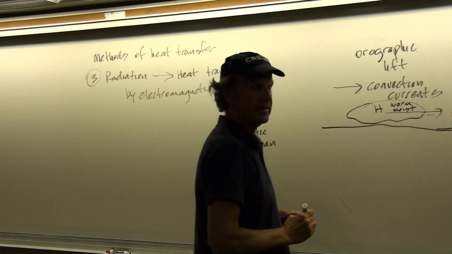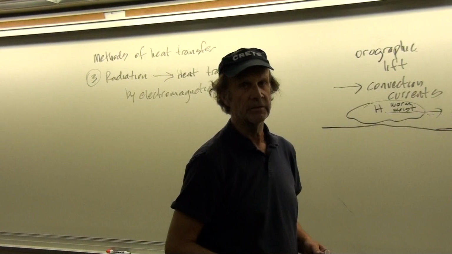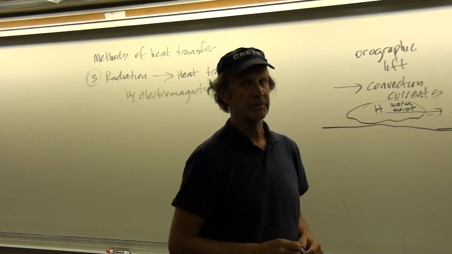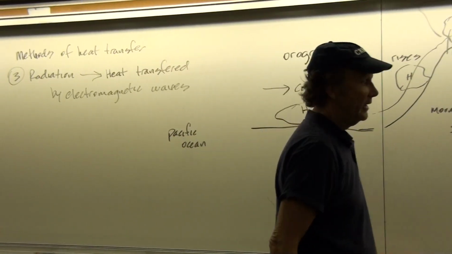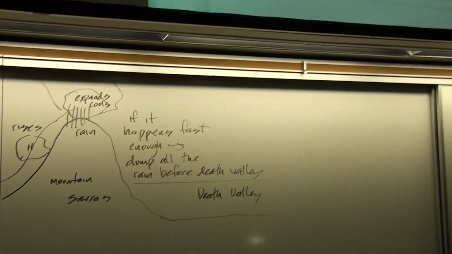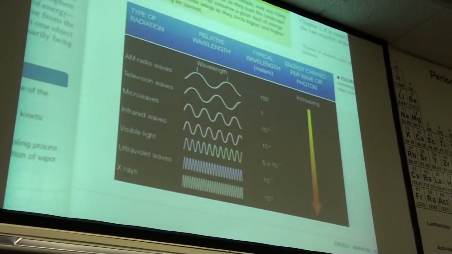And so typically this could come from the sun, but it doesn't have to. This could come from any object that's at a certain temperature. And so we have different types of electromagnetic waves. We can look up at the data projector for a moment.